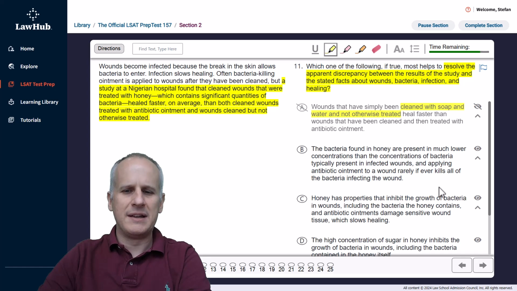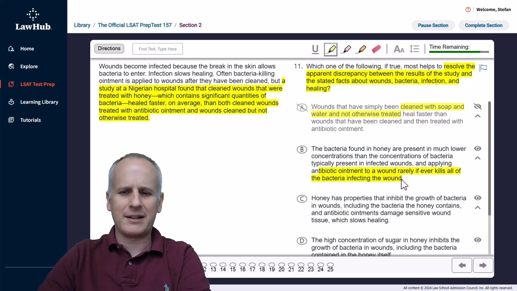Next, we go to choice B. The bacteria found in honey are present in much lower concentrations than the concentrations of bacteria typically present in infected wounds. Okay, so this just tells us that there's much less bacteria in honey than in the wounds themselves. And applying antibiotic ointment to a wound rarely, if ever, kills all of the bacteria infecting the wound.